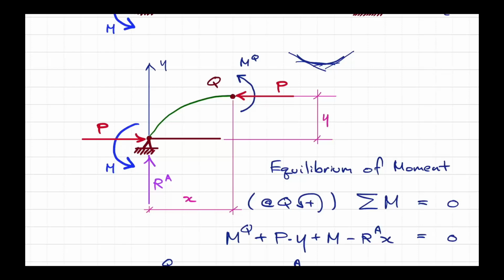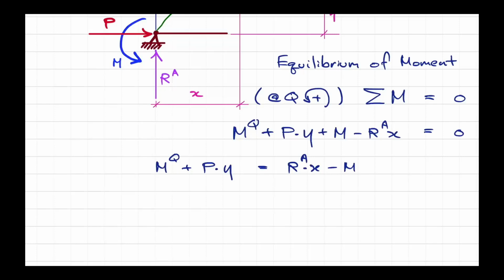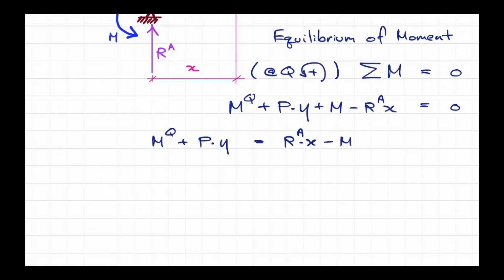So the curvature is a change of your slope. You can see that the slope changed from minus to plus. Your curvature is positive. So this moment here is associated with the positive curvature. We account for the direction of the moment in the equilibrium equations properly, right?